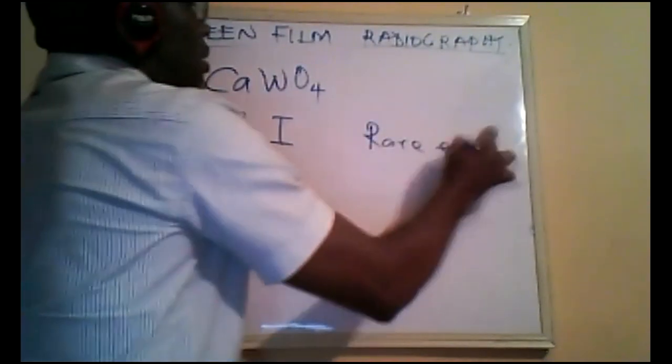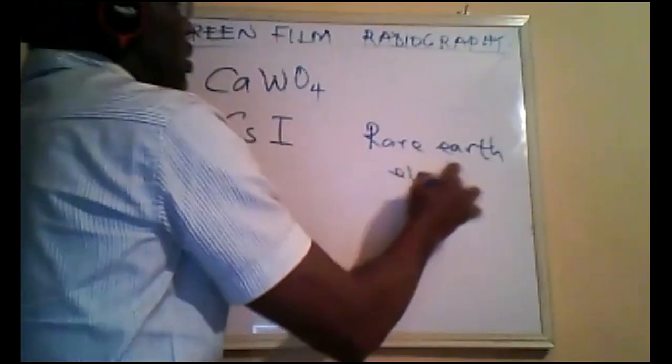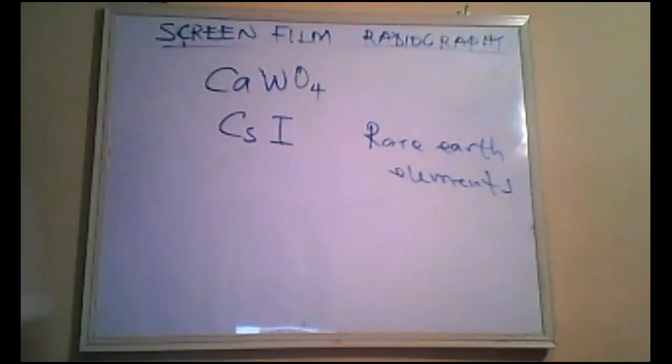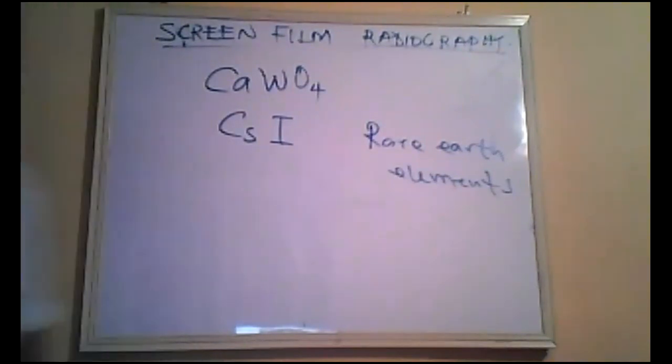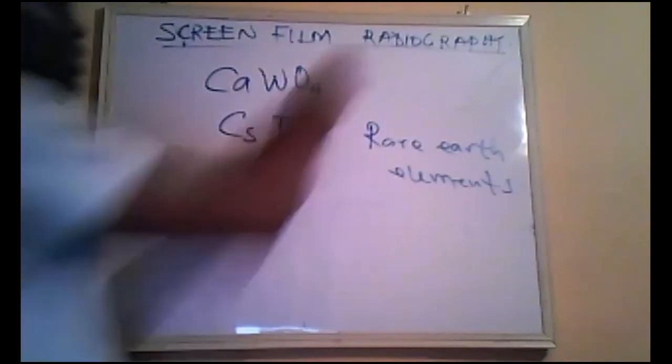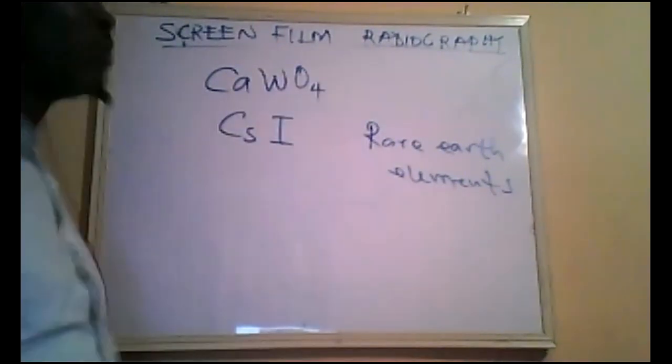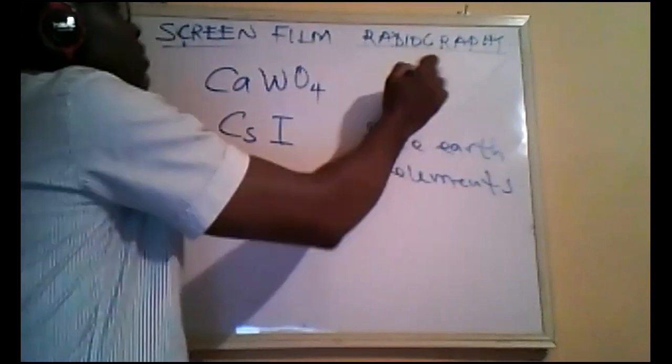Rare earth element screens are used because they have a very wonderful conversion efficiency. The conversion efficiency of calcium tungstate is just about 5%.